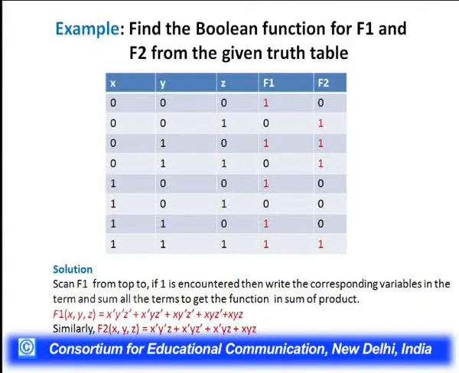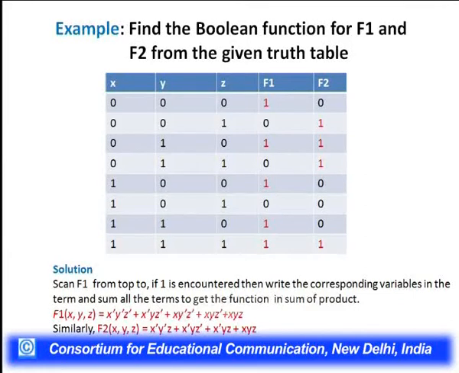And next one at x equal to 1, so put x, and y is 0, put y dash, and z is 0, so put z dash, plus for the next one, that is at x1, so put x, y is 1, so y, and z is 0, so z dash.